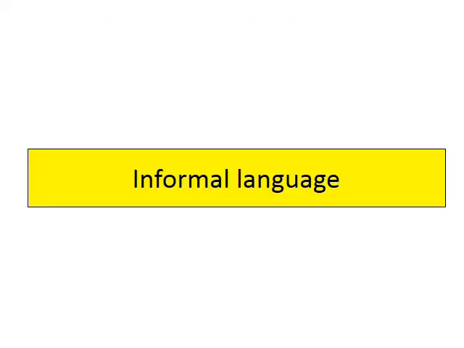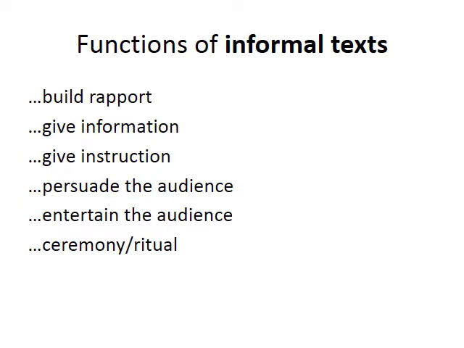Let's take a look now more specifically at informal language. Thinking about the functions of informal text, of course, look at specifically what the text does, whether it's giving information or giving instruction or persuading, but generally speaking, most informal texts are designed to build rapport with the audience, maybe even to entertain the audience.